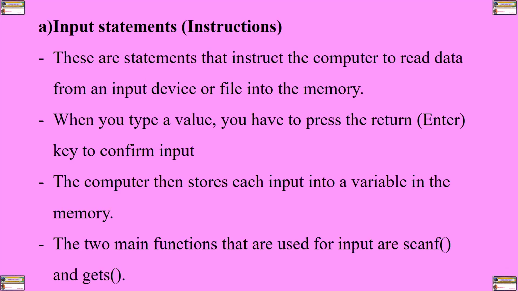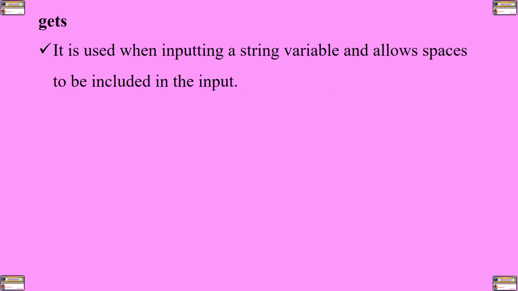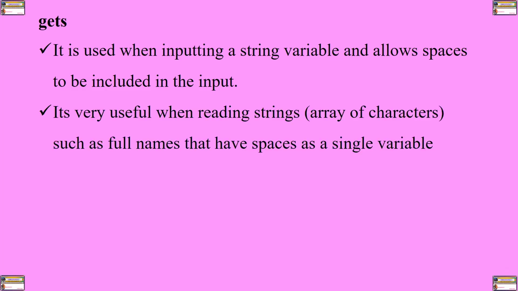So the two main functions that you can use for reading your input are scanf and gets. What is gets? Gets is used when inputting a string variable and allows spaces to be included in the input.